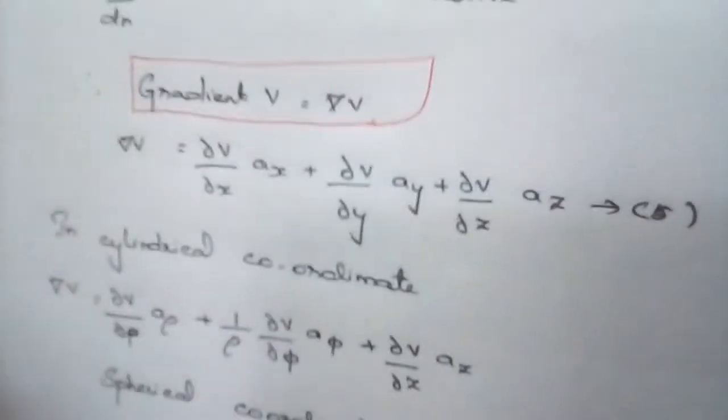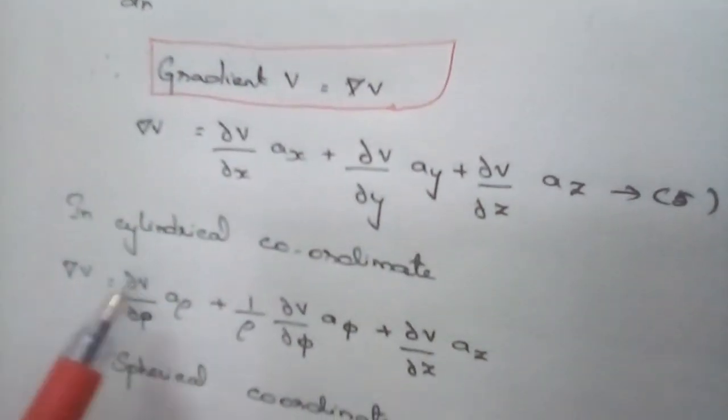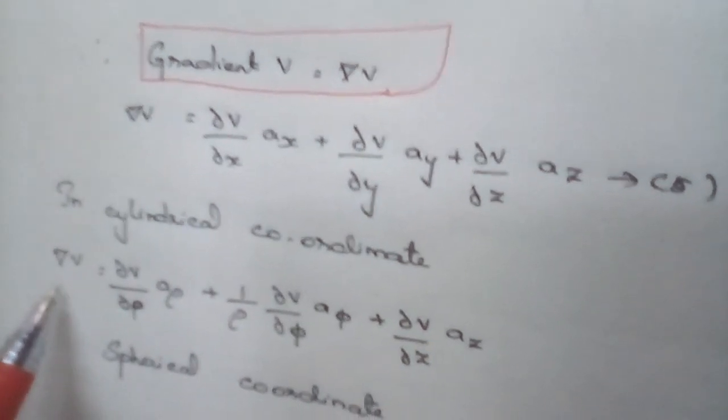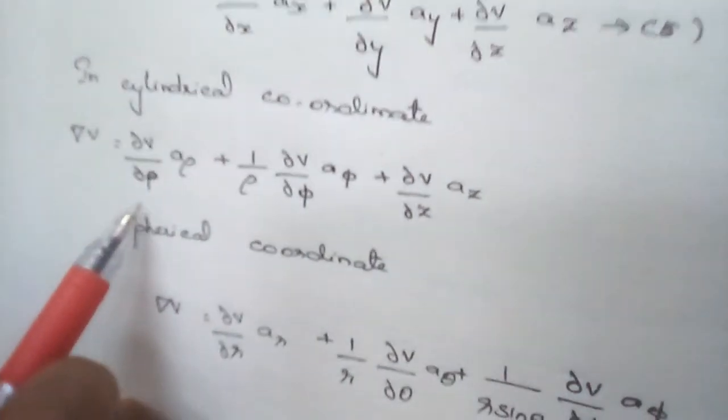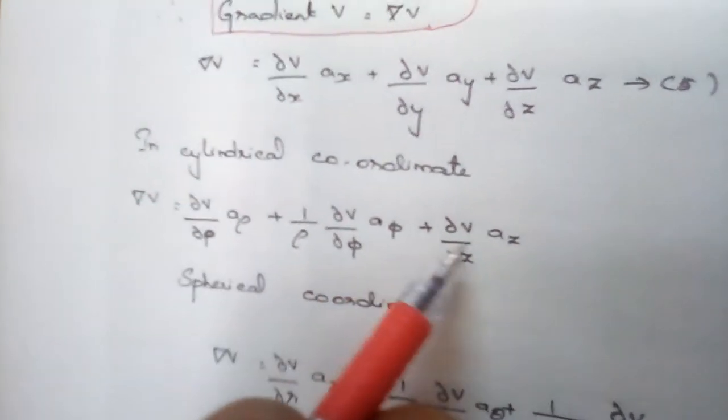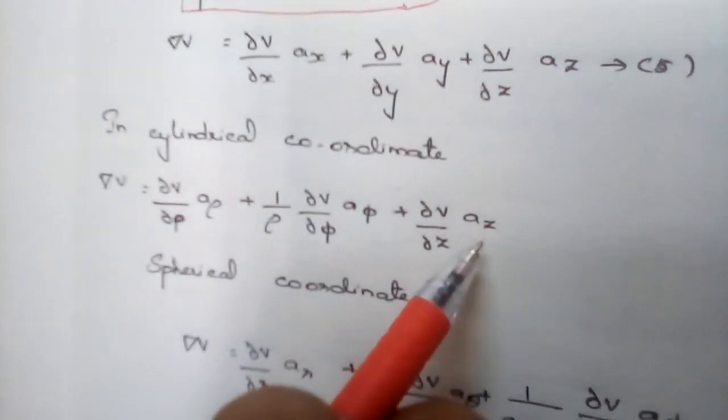The equivalent cylindrical coordinate expression is del V equal to dou V by dou rho a rho plus 1 by rho dou V by dou phi a phi plus dou V by dou z into az.